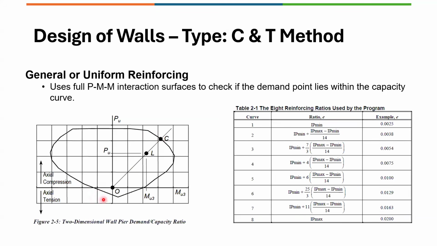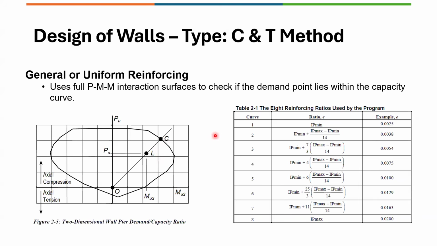So basically, for each design combination, it performs a design and it checks this ratio, OL to OC, that should be within the utilization factor limit. If any one ratio from all the combinations exceeds, then it's declared that it is failing. If all of these combinations are within this capacity, then the section is safe.